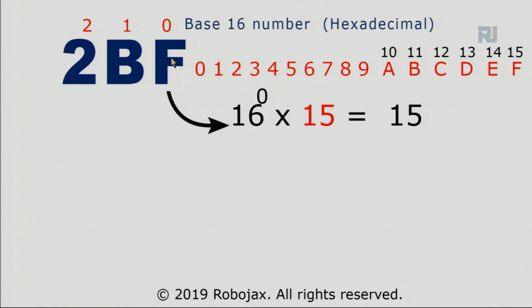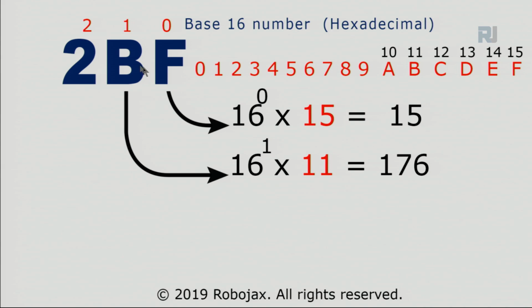Now let's see. Because this base is 16, we put the base to the power of the position, 16, anything to the power 0 is 1, times this F is 15. So this means 15. And for B, 16 to the position 1 times B. The value of B is 11, so this B is 176 at this position.